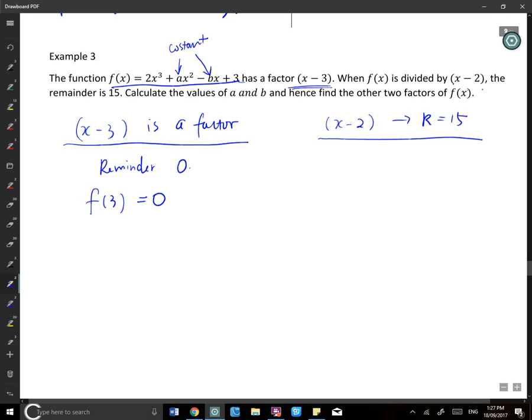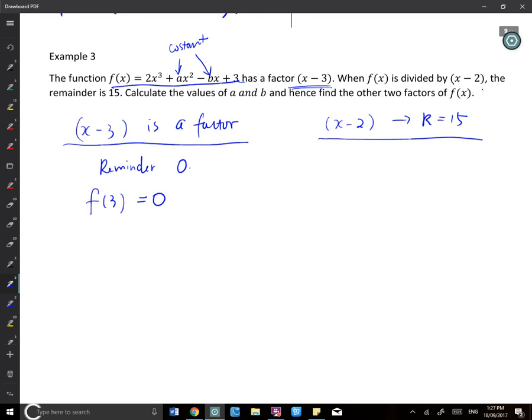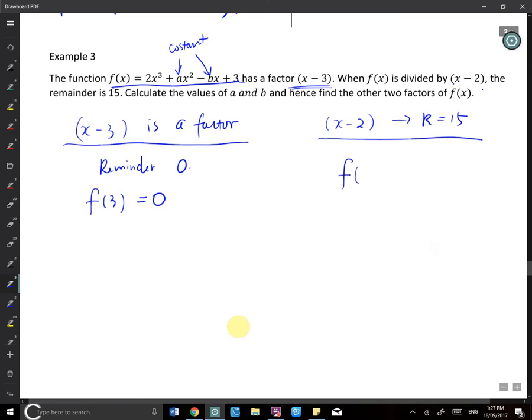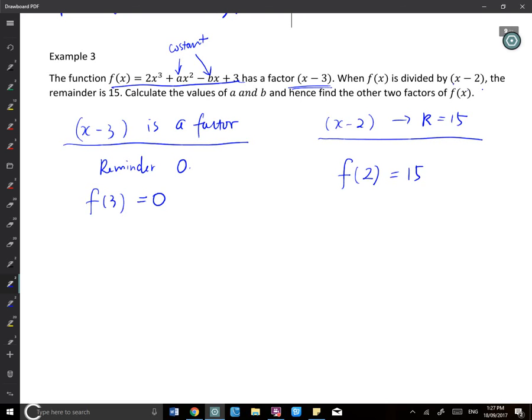What can you tell from x minus 2 having a remainder 15? f(2) equals 15. f(2) is the remainder, and the remainder is 15, so f(2) is 15. After we know those two things, I will substitute.